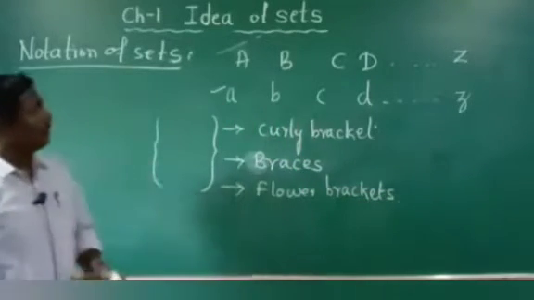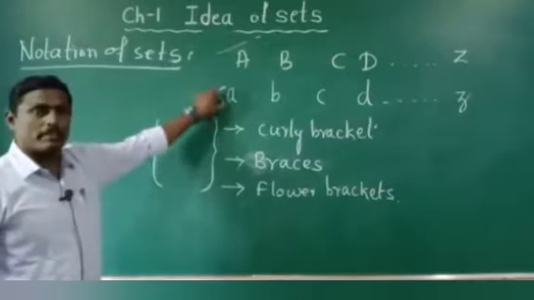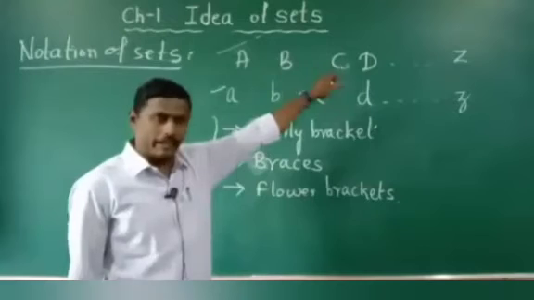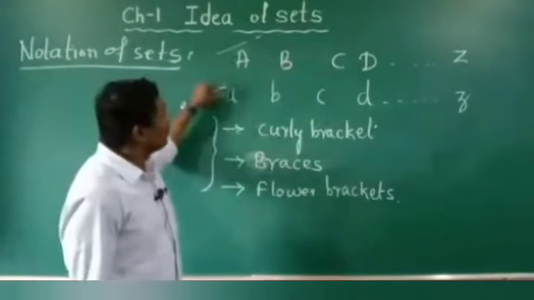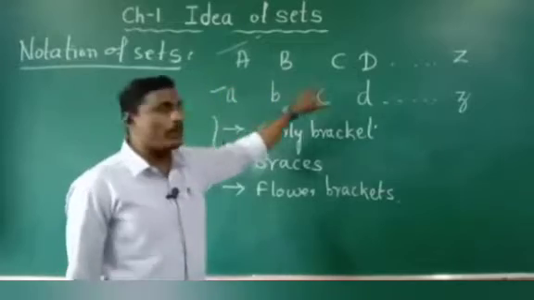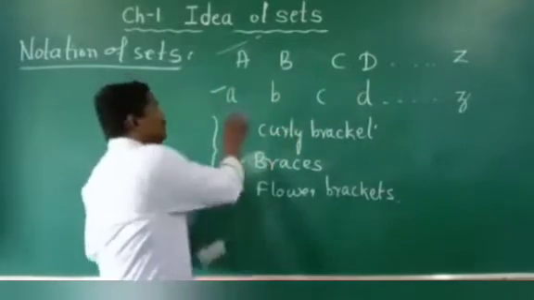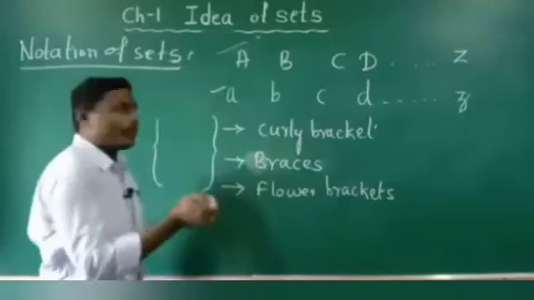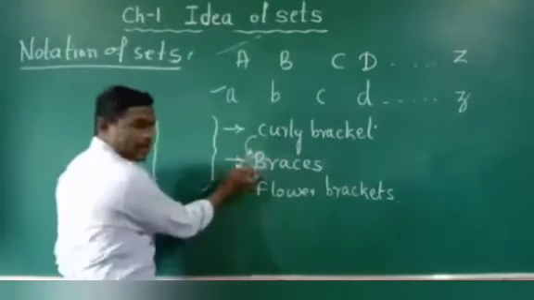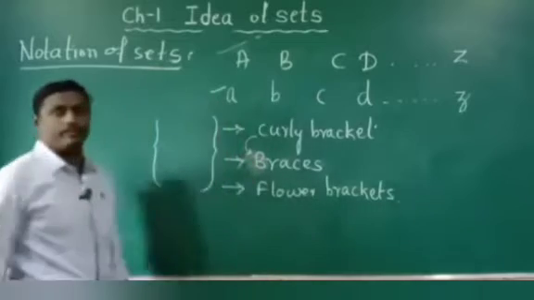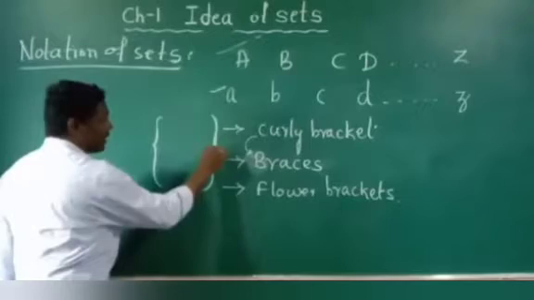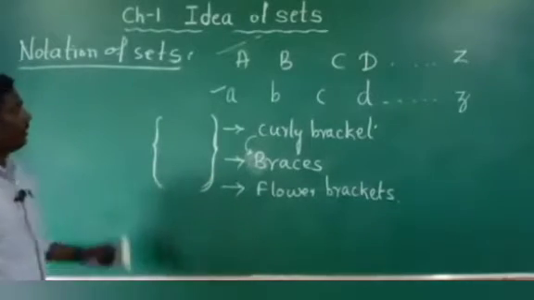We represent every set with capital alphabetical letters, and the elements or members of the set with small alphabetical letters. The members or elements we write inside the curly brackets. This is the symbol of the braces, right?